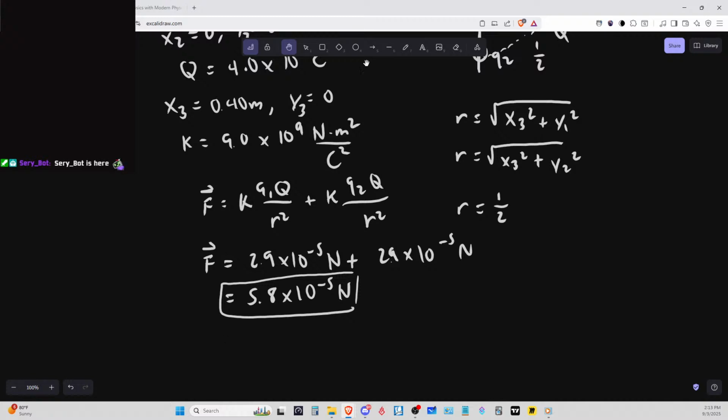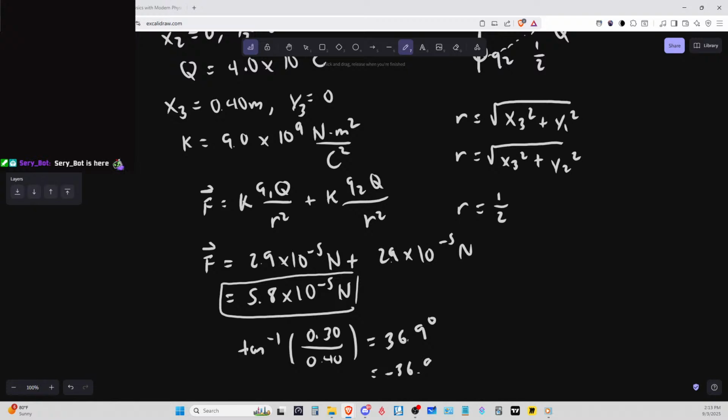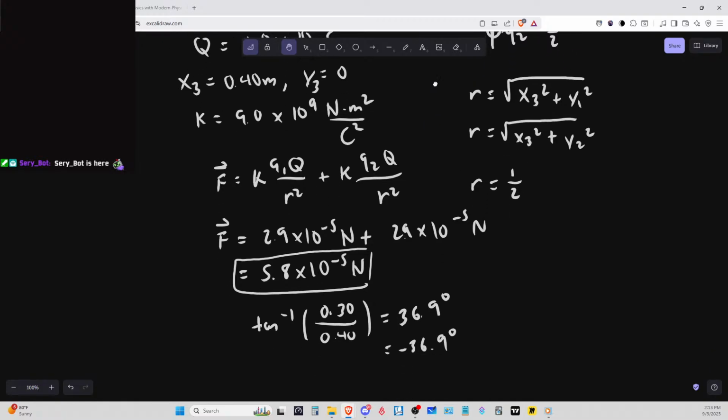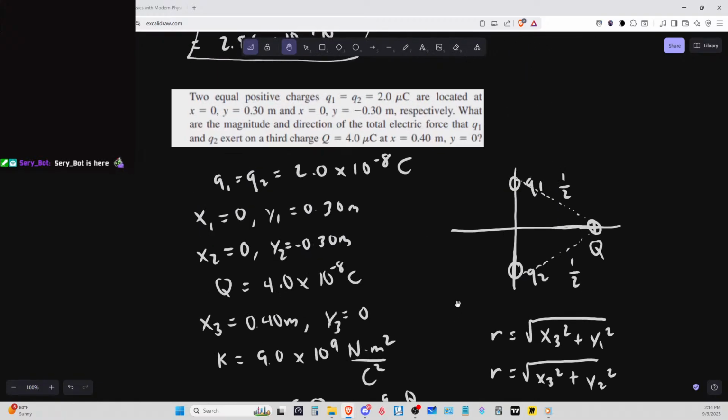If we do, and we just have to take the negative for the other one, for the charge 2, so that turns out to be 36.9 degrees, and the other one will be minus 36.9 degrees. And those are the directions.